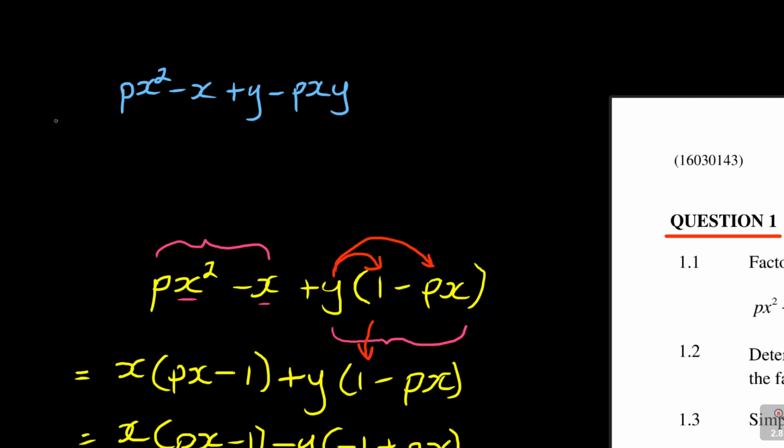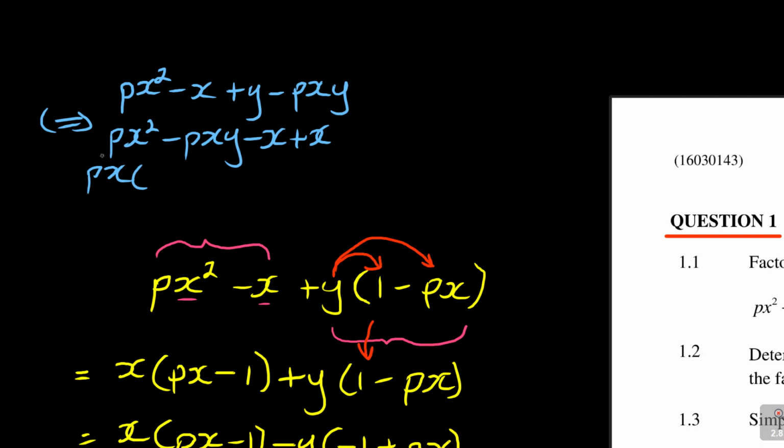Let's say you wanted to do this, and then you rearrange, whereby you have got px squared, and then you want to bring this minus pxy like this. Are you seeing that? Then minus y plus x is still fine. What is common in here? P and x. So you take out px.